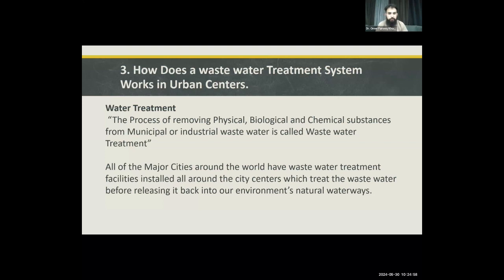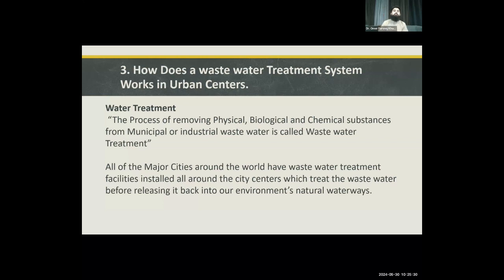Whenever we remove all the unnecessary substances that have been added to the water due to our human activity through a designated facility, that is called wastewater treatment.